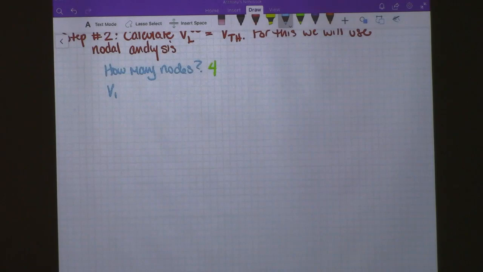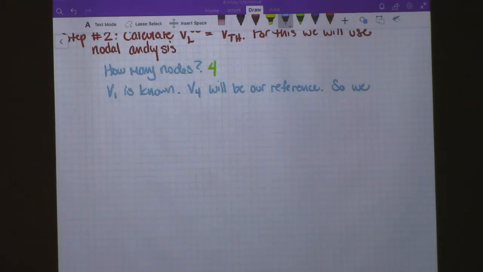Again, V1 is known. V4 will be our reference. So we need to calculate V3 and V2 if necessary.